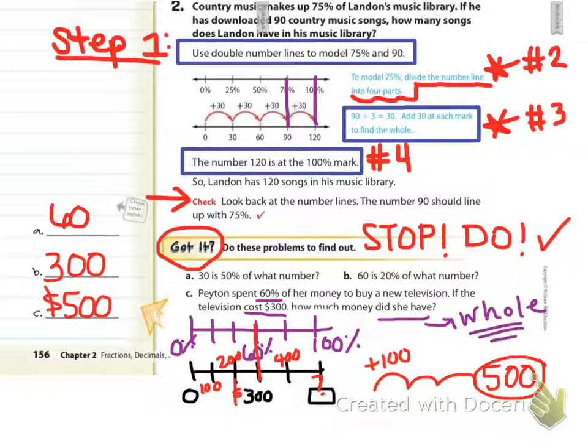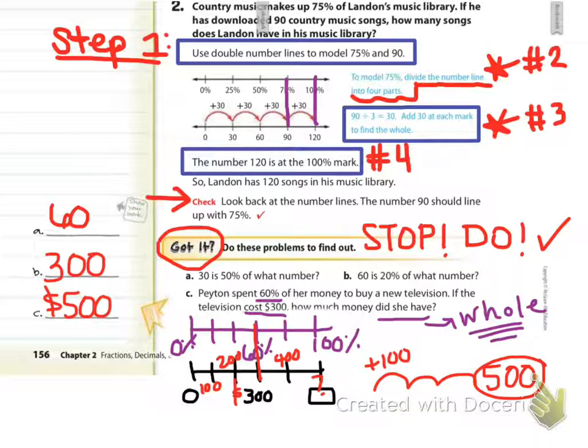Okay, so your step 1 with the country music download problem is to model, starting off with 75%. You need to find a scale to separate into equal parts for your percent. In this case, they've divided it into 4 equal parts, 0, and then they are counting up by 25% all the way to 100%.